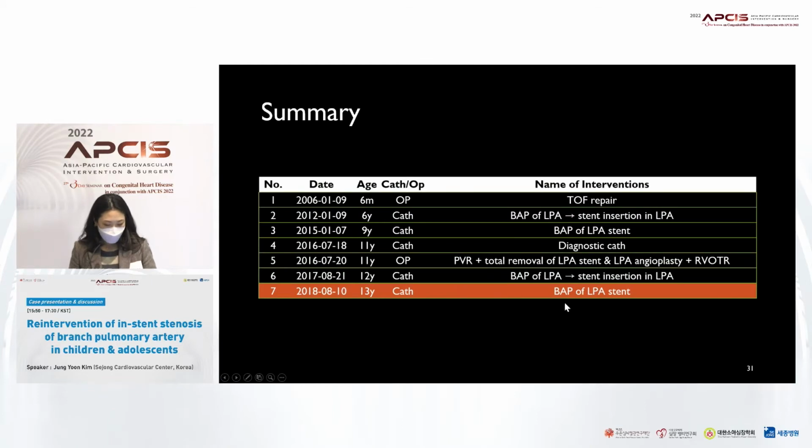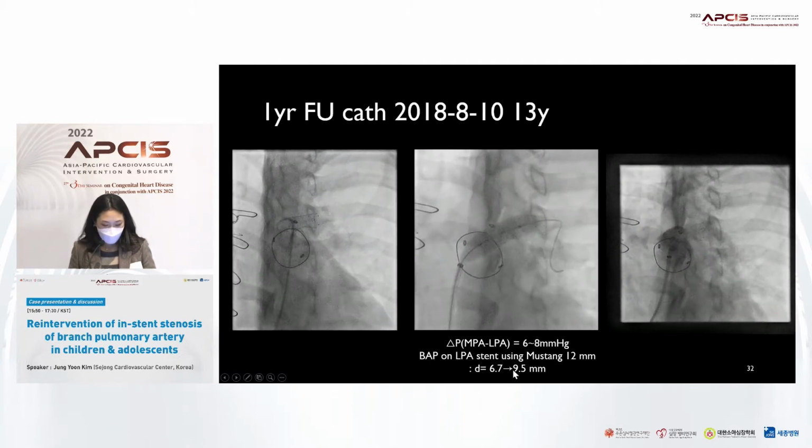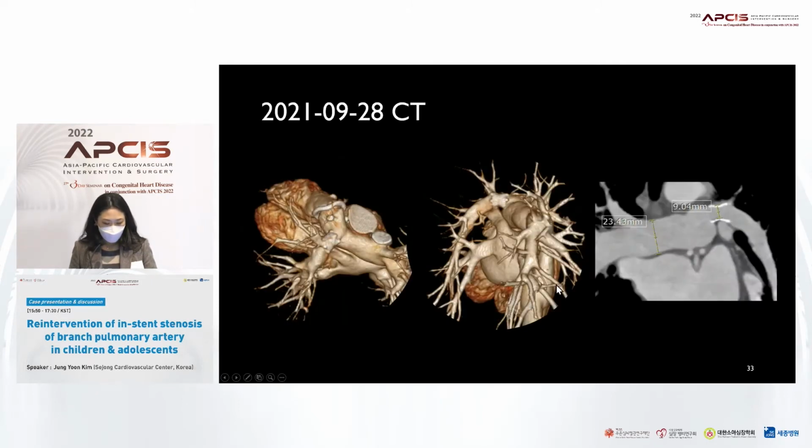Then we did the fifth cath for further dilation of the LPA stent, increasing the diameter from 6.7 to 9.5 millimeters. The follow-up CT scan shows a hypoplastic LPA still, but the stent without in-stent stenosis. We follow up in the outpatient clinic now without symptoms.